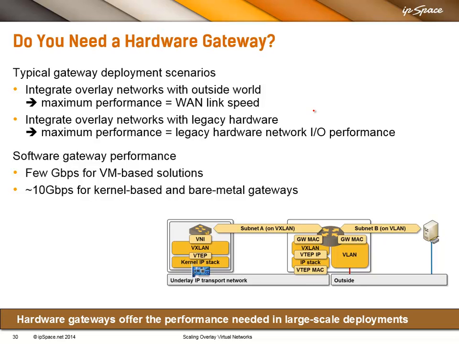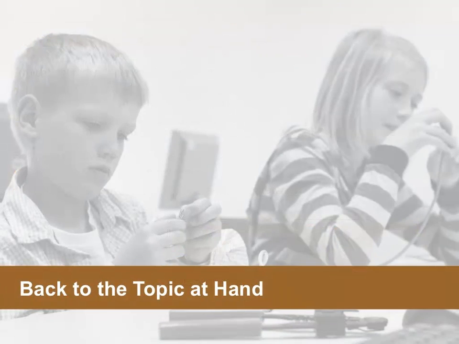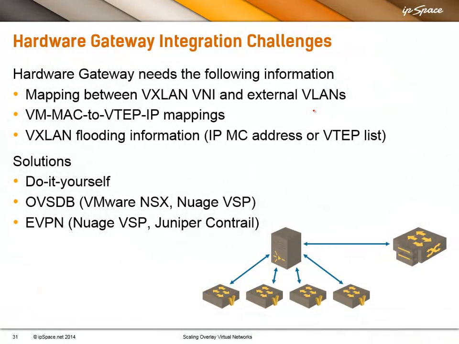Would you configure and manage the gateway out of the SDN controller? This is a fantastic question and a great lead-in to the next slide. Thank you. The hardware gateway obviously needs the mapping between the overlay segment and the VLAN number.